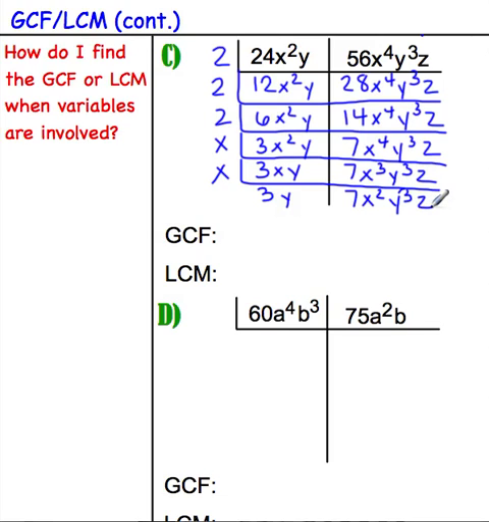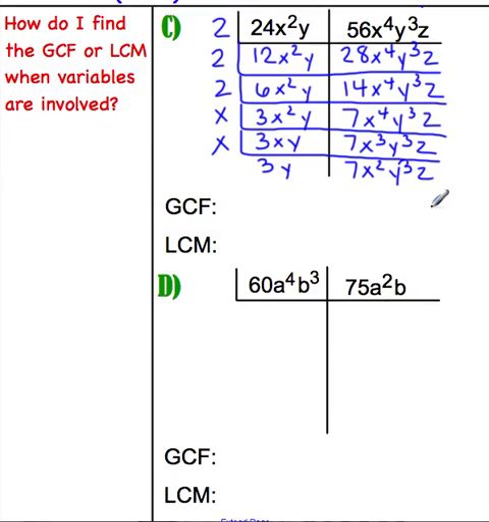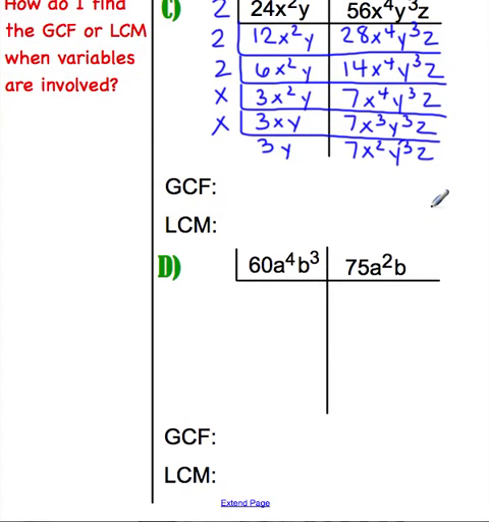I don't have any more x's in common, but I see that I still have a y in common. So I'm going to divide out a y. That leaves me with 3, and then 7x squared, y squared, z.